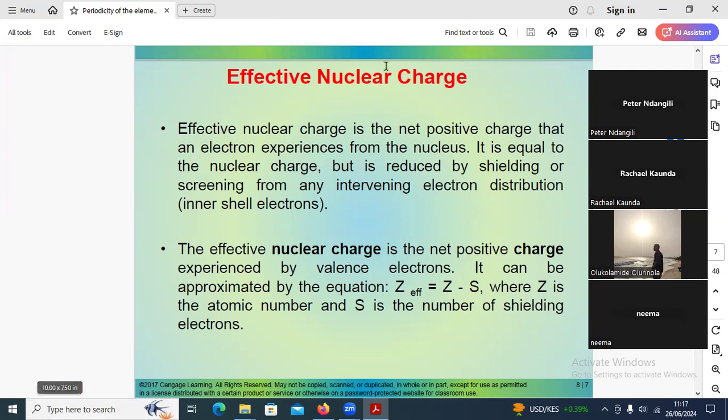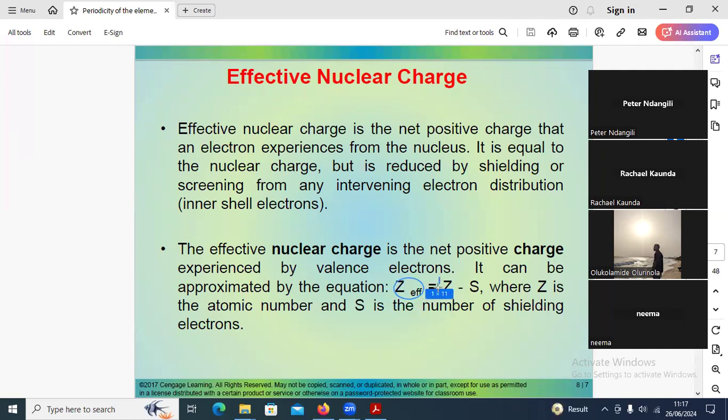And it is calculated by a formula where we say that the effective nuclear charge, which is Z_eff, is equal to Z minus S. Z here is the number of protons that we have in that particular atom.